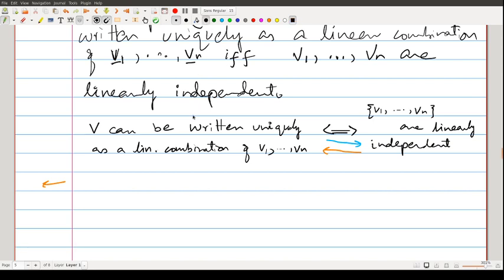Linearly independent implies that c1 v1 plus c2 v2 plus dot dot dot cn vn equals 0 implies the ci's are all 0, right?